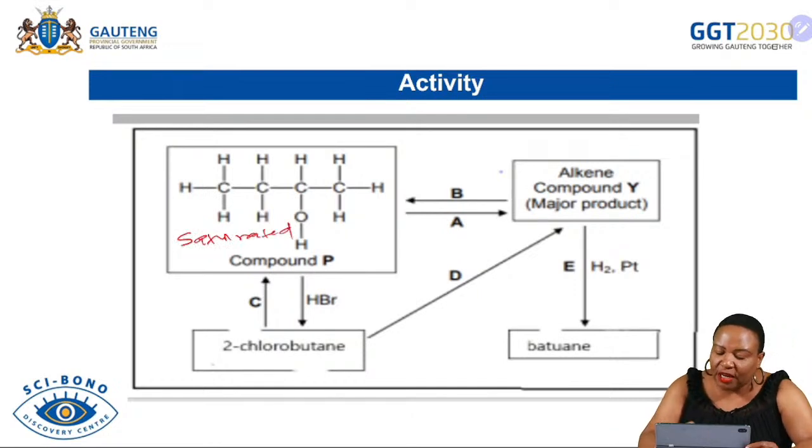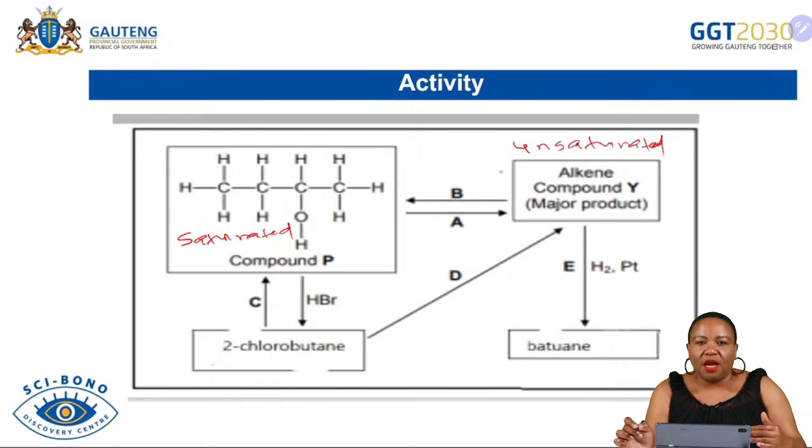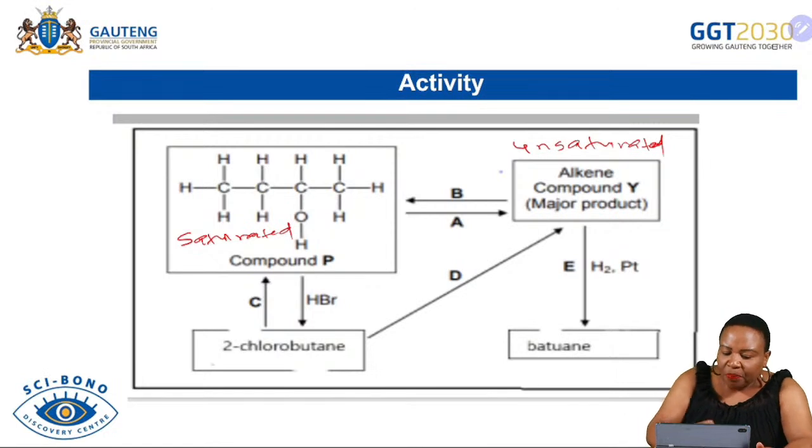Then the alkene that is provided as compound Y, you will know that alkene is unsaturated. You just identify them first before you can start identifying the type of reaction formed by each process. Then you go to 2-chlorobutane.